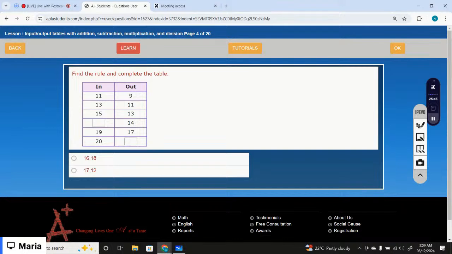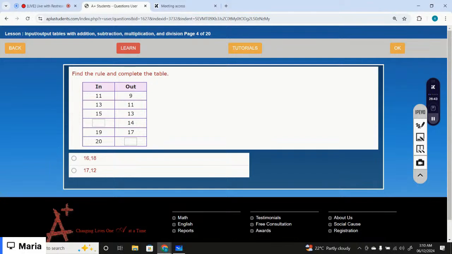Find the rule and complete the table. So which is the correct option? The correct option is, you need to subtract 2 from each input value, right?